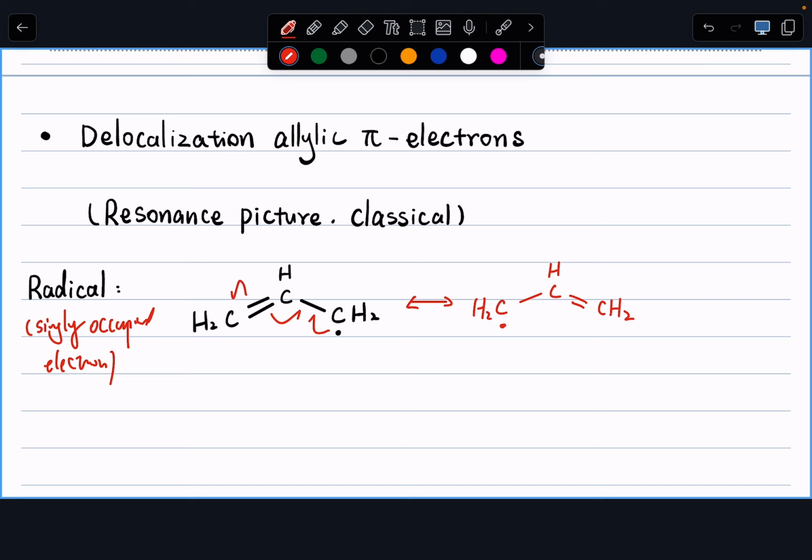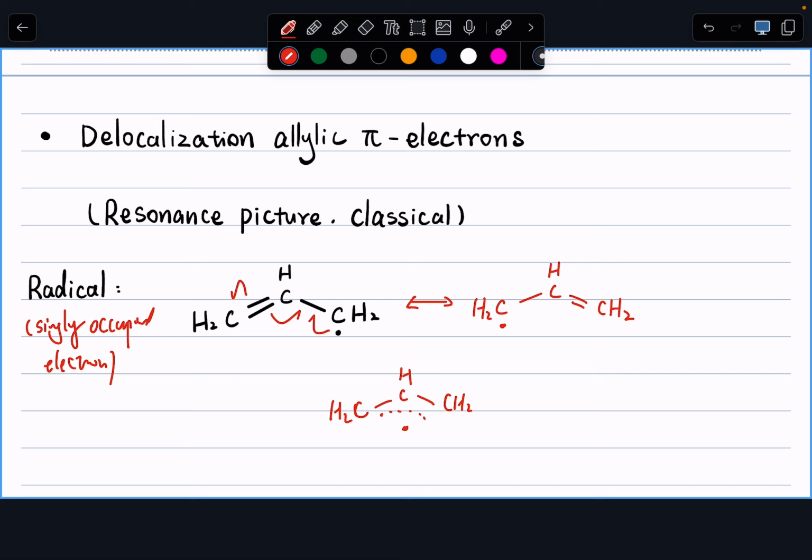To refresh your memory, when we write the resonance structure like this, effectively what we're saying is the reality is an average of the two resonance structures. So sometimes we also draw it like that. In classical bonding theory, you naturally say, okay, we have resonance and it stabilizes my radical.